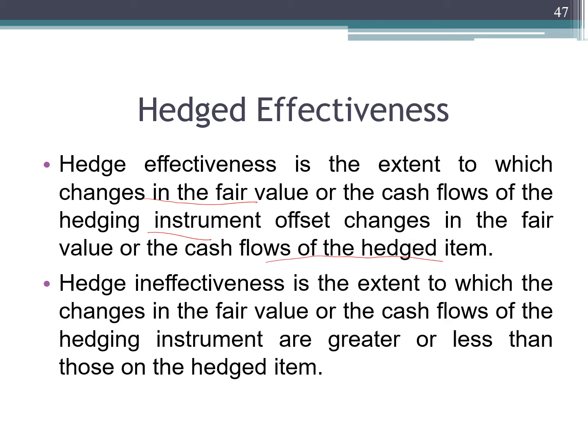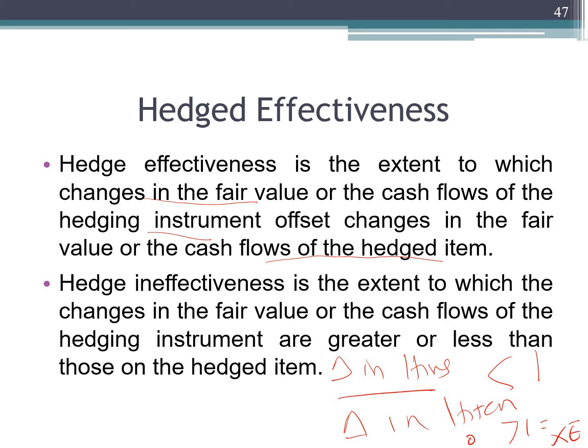If you find that the ratio is less than 1 or more than 1, then it is considered not effective. The hedging is not effective, so it does not fulfill the criteria.